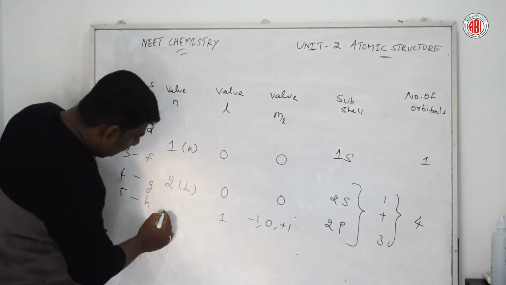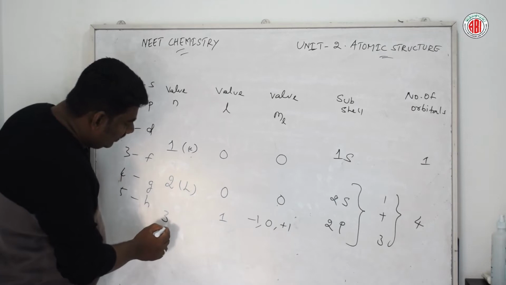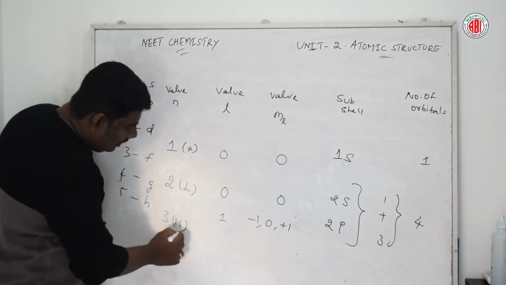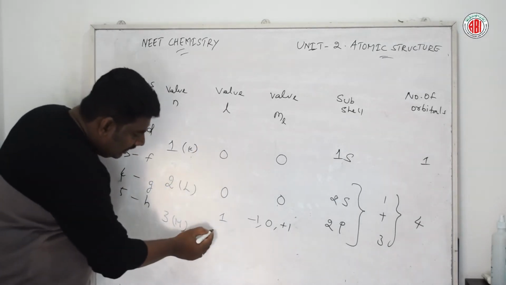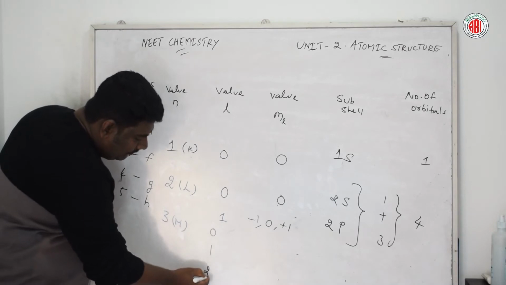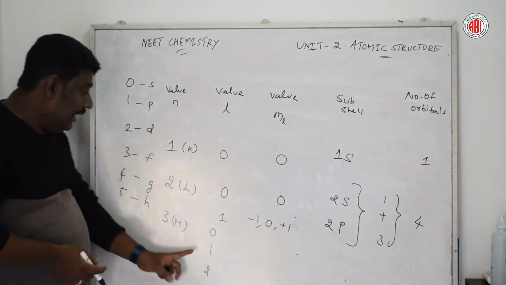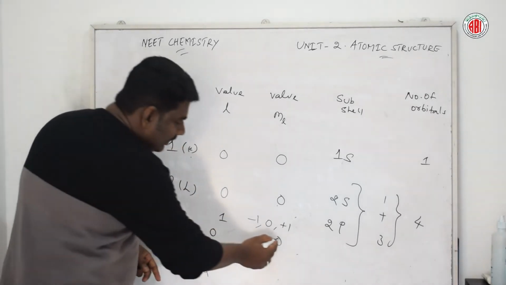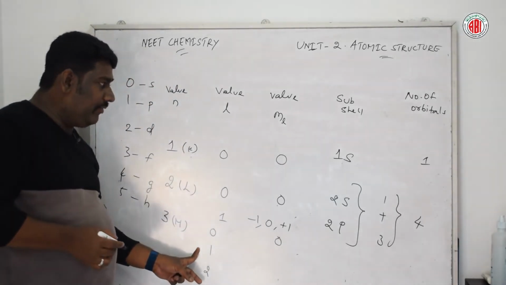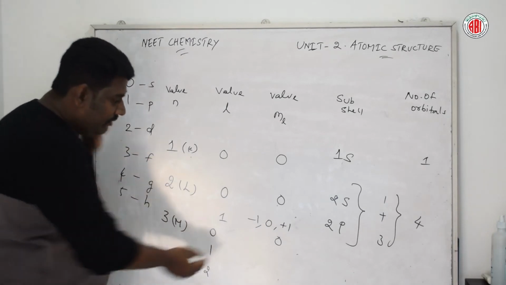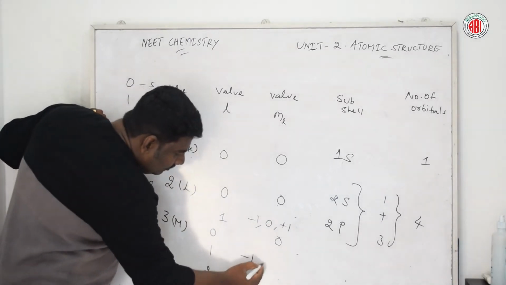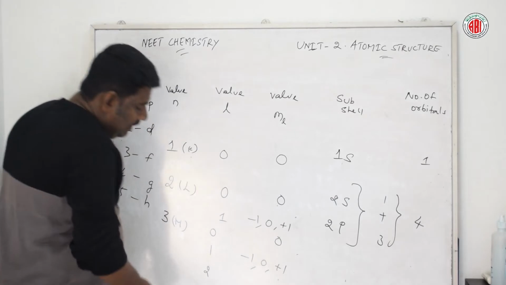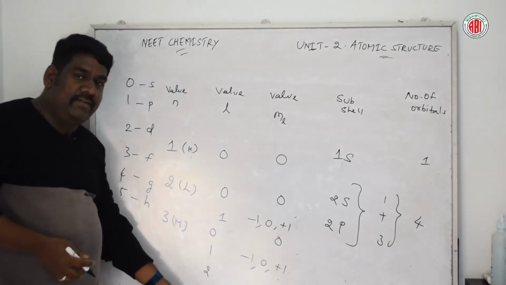Similarly, for n equal to 3, K, L, M, the l value starts from 0, 1 and 2. For 0, the ml value is always 0. For 1, the ml values are, as we just wrote, -1, 0, +1. And 2 stands for d orbital.